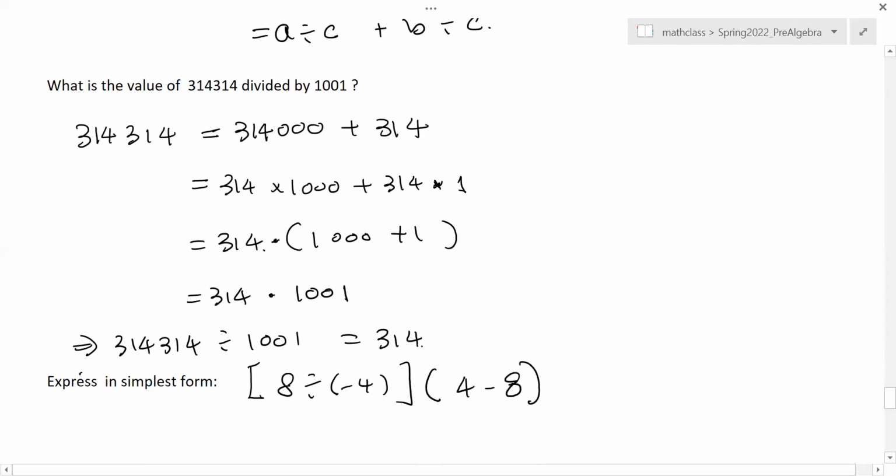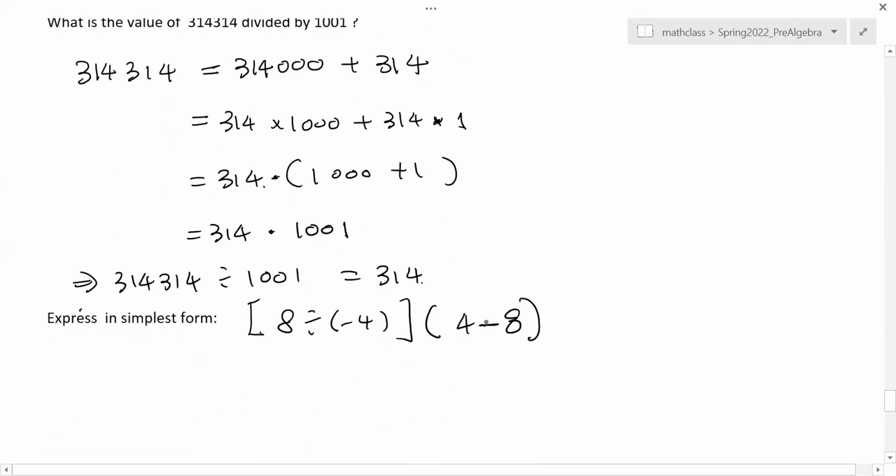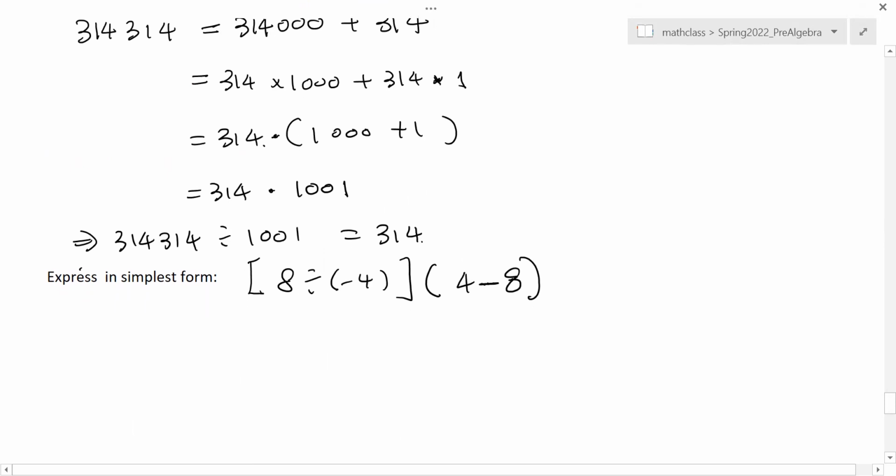All right, now take a look at this problem. Express it in the simplest form: 8 divided by -4, multiplied by 4 minus 8. Sometimes we will put a dot for multiplication, sometimes we don't.